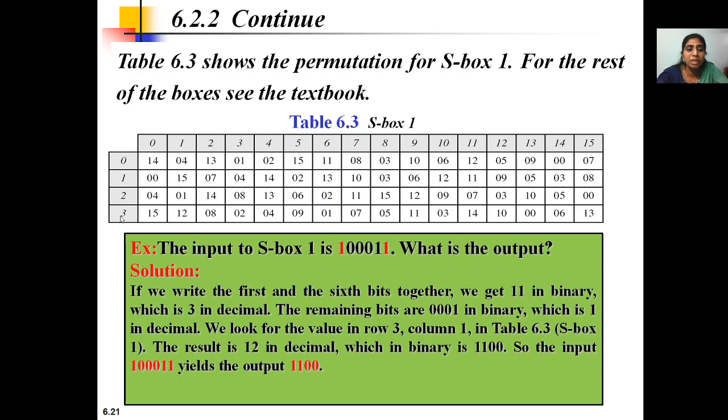So we have 3 and 1, and the number value is 12 over here. This 12 can be written as 1100, which is the 4-bit value replaced here. So from 6 bits we get the output as 4 bits.